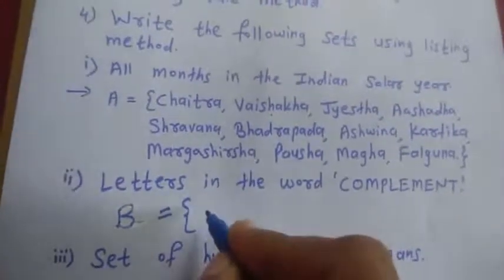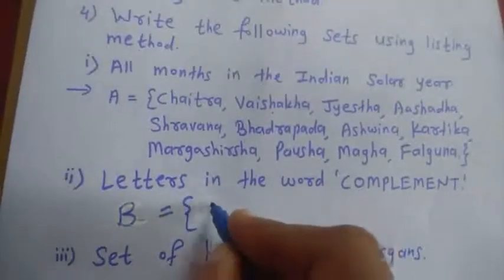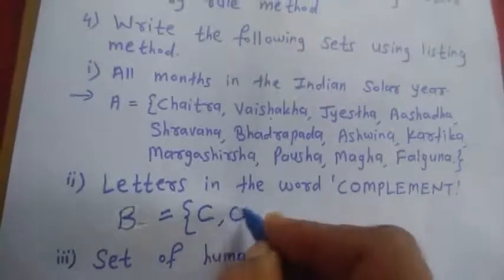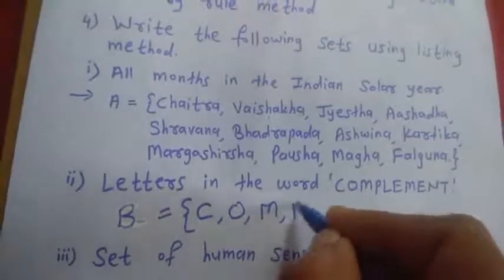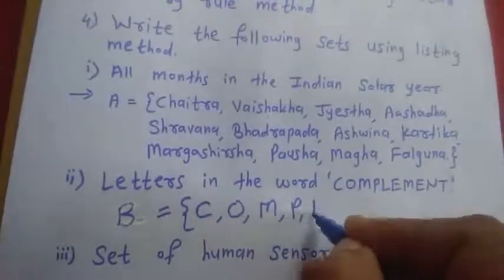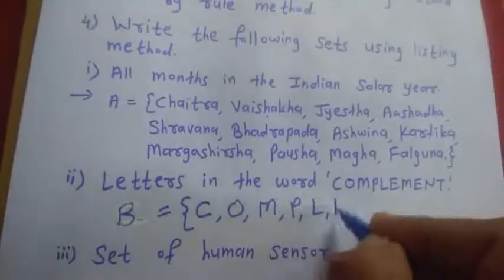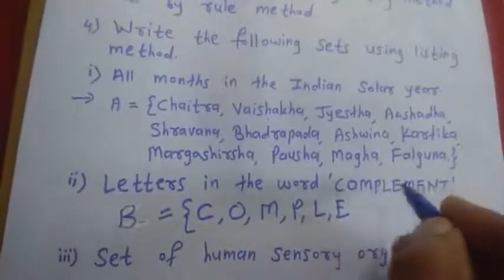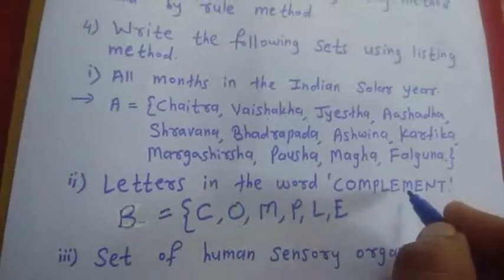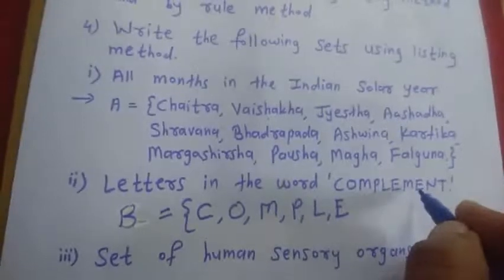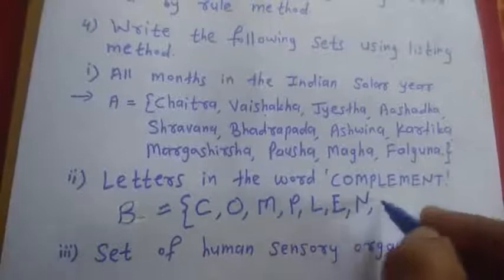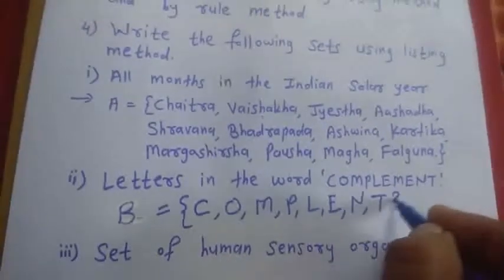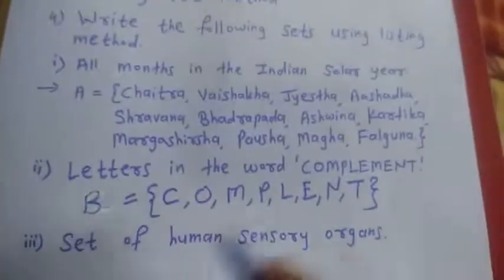So this set contains elements C, O, M, P, L, E. M is repeated, E is also repeated, then N and T. Bracket complete.